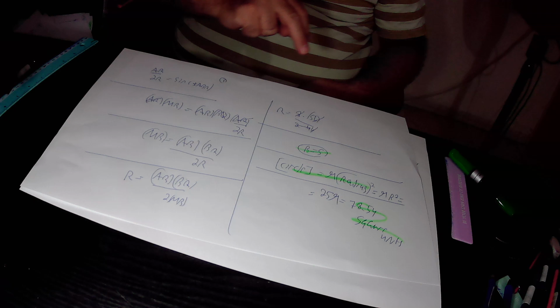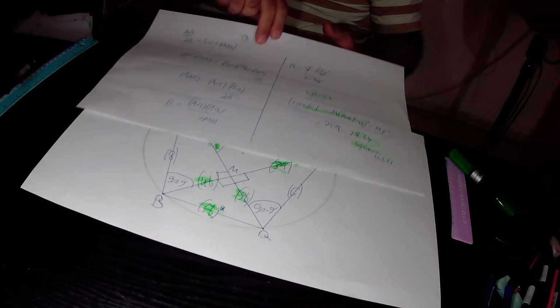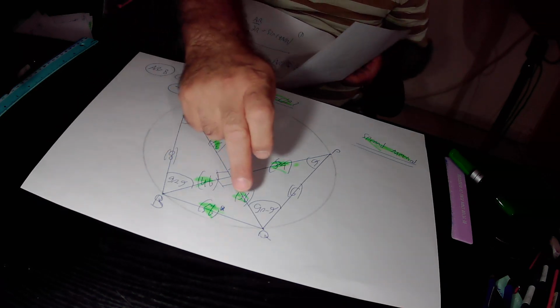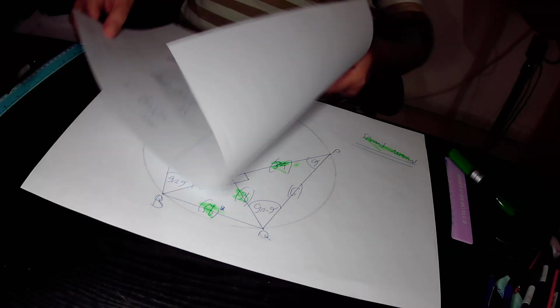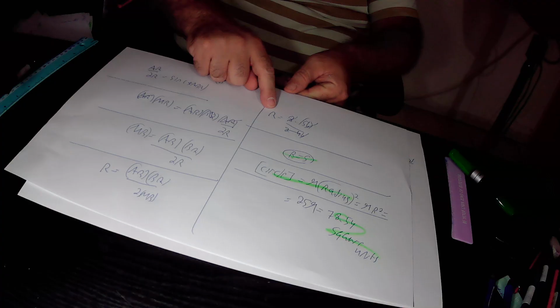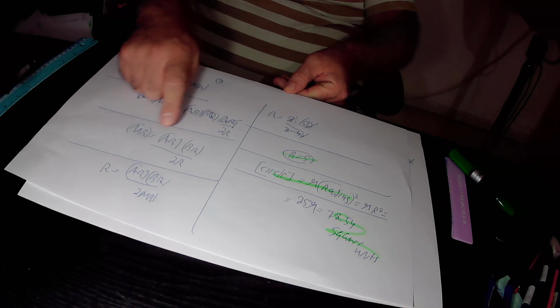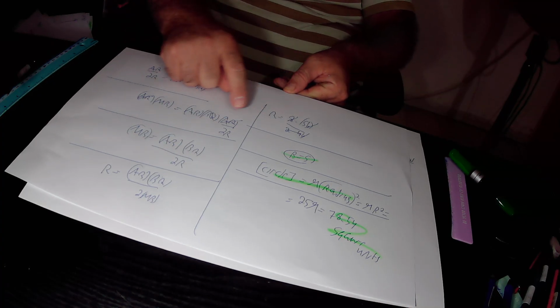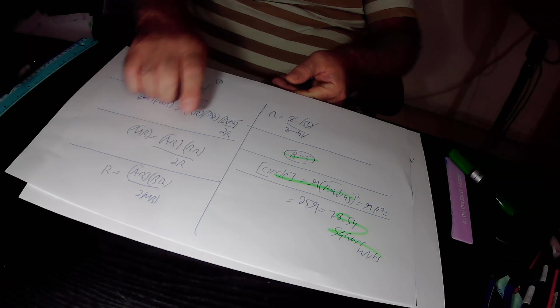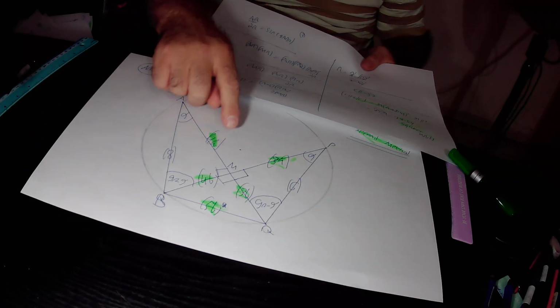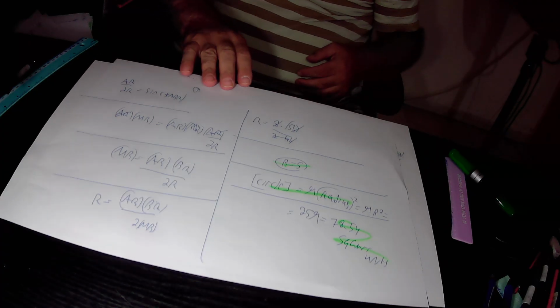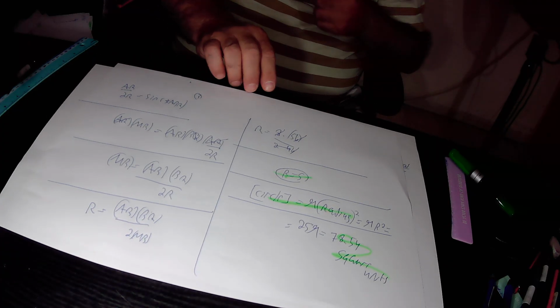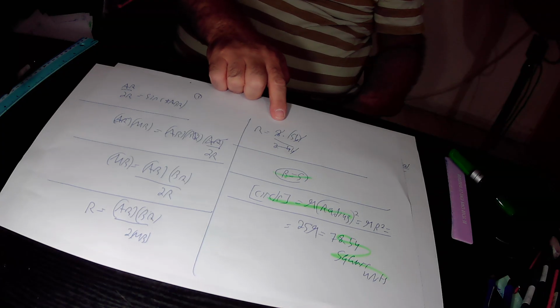AB is 8, BQ is 5b, and MB is 4b. So here we have 8 in the numerator.